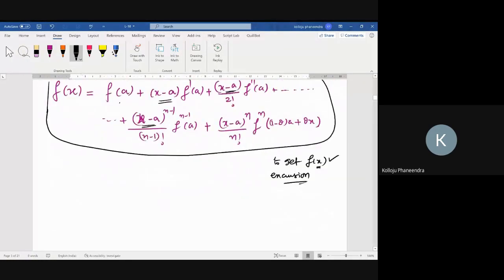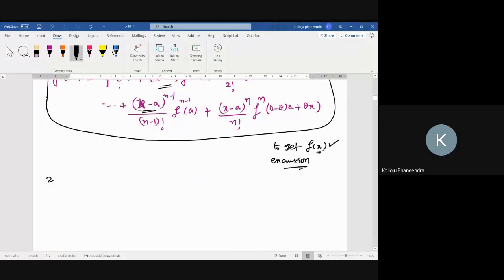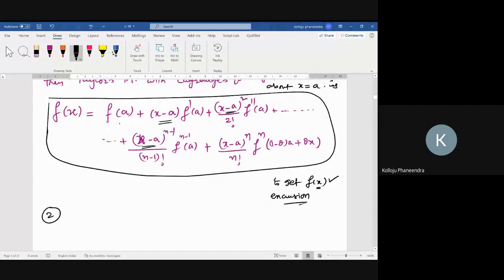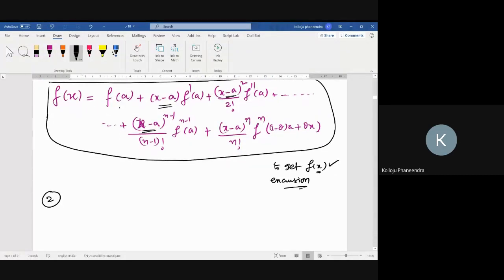And in the next remark, Maclaurin series. Second point: in this one, if I put a equal to 0, take this as expression 3.